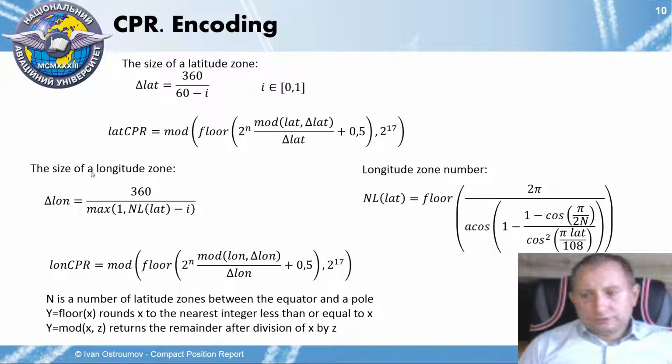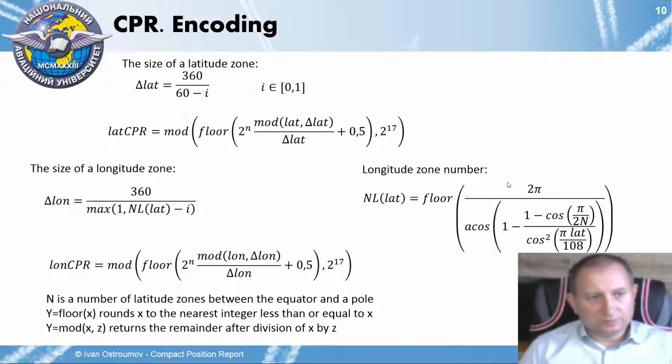For longitude, the same formula. You see that it is the same idea for longitude. However, the size of the longitude zone will be different based on the latitude layer. That's why here we need to count the longitude zone number. It means how many longitude zones we have at a particular latitude layer.